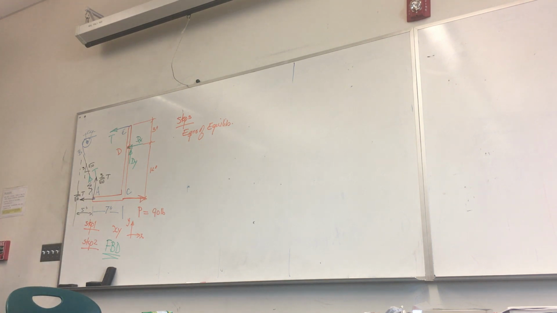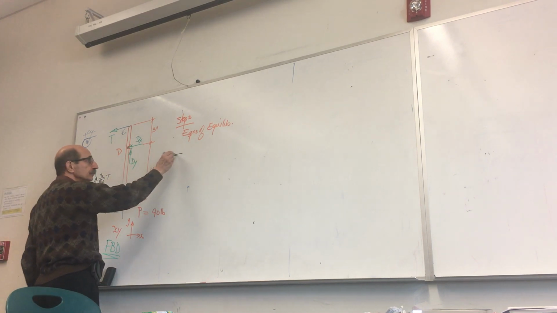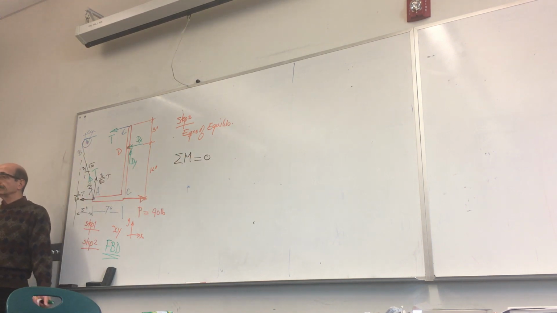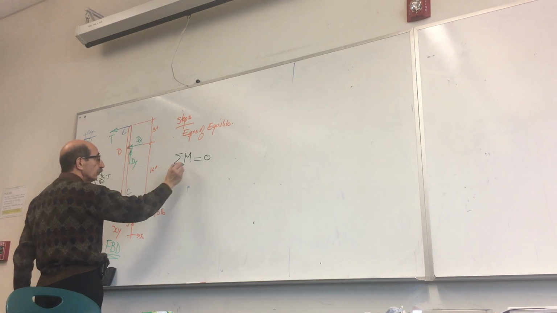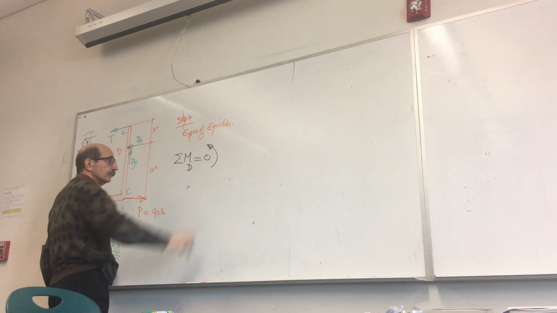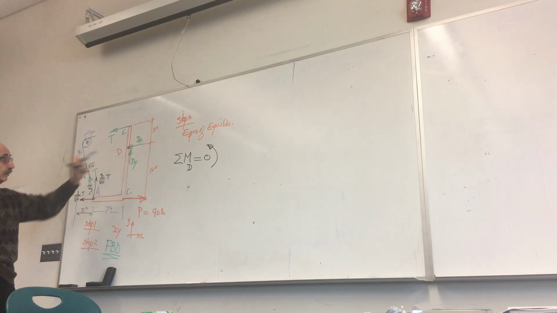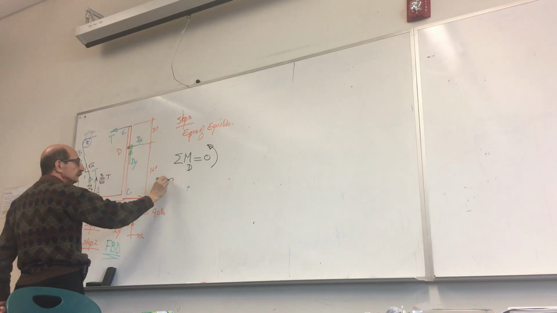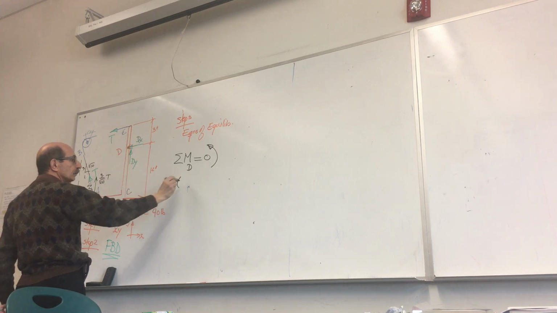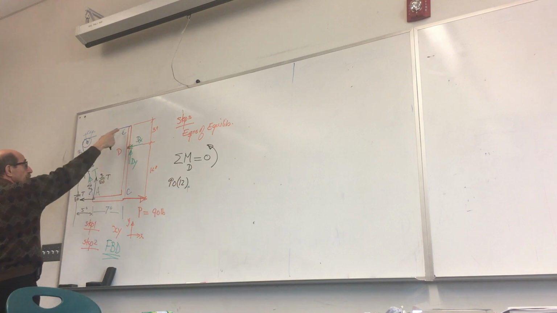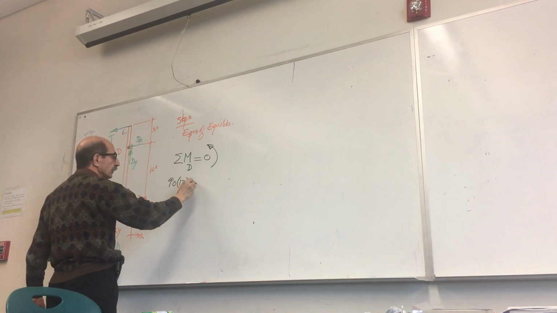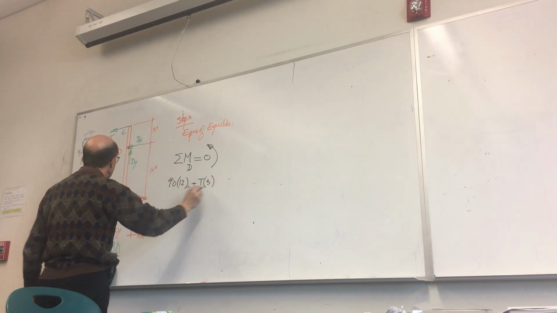Now, let's write equations of equilibrium, starting with summation of moments equal to 0 about a point where two unknowns intersect, so we get rid of them. That point here would be D. So take summation of moments about D. This force makes a counterclockwise moment, P times this moment arm 12, positive. This one, about point D, also makes a counterclockwise or positive moment, so you have T times 3.